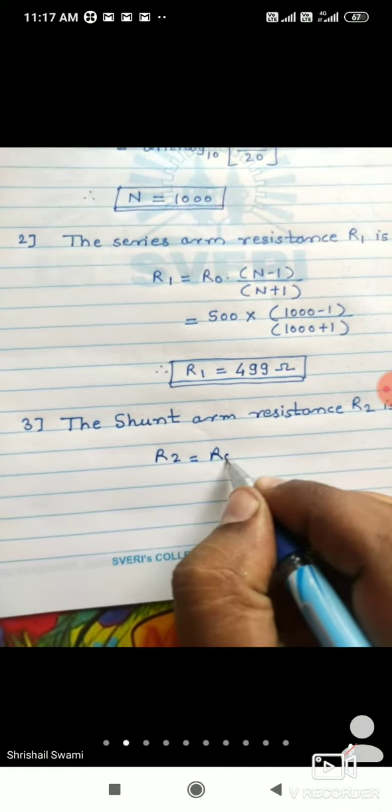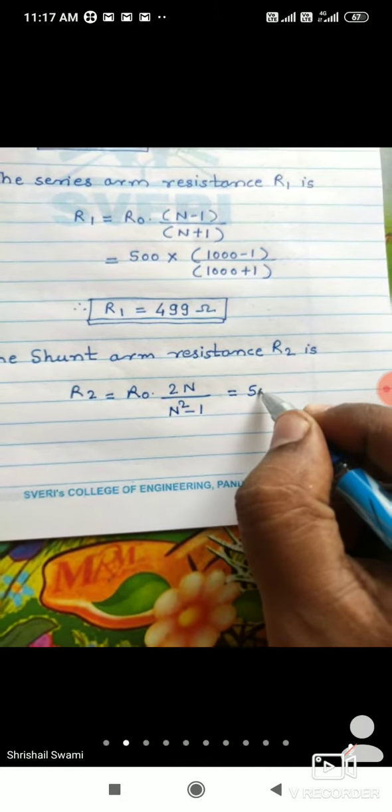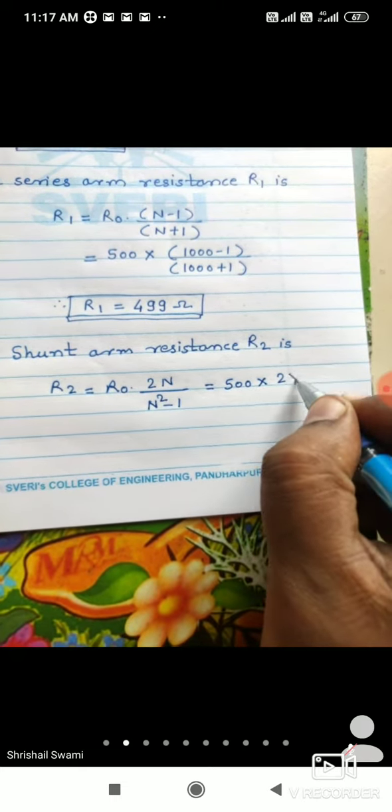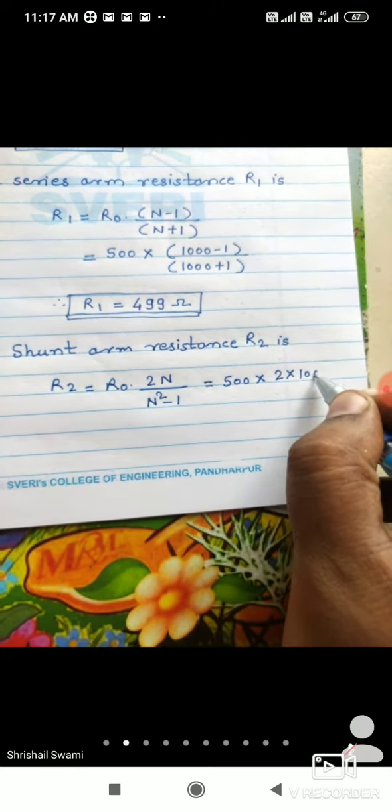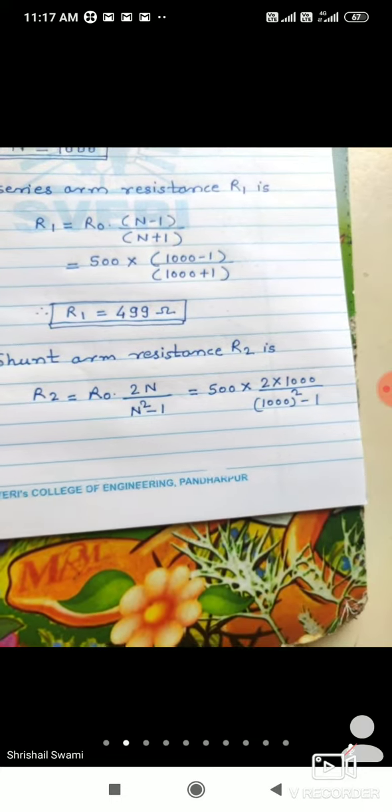What is the formula of R2? R2 is equal to R0 into 2N divided by N square minus 1. So put the value: 500 into 2 into 1000 divided by 1000 square minus 1.